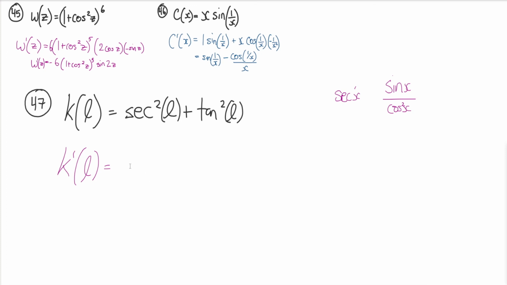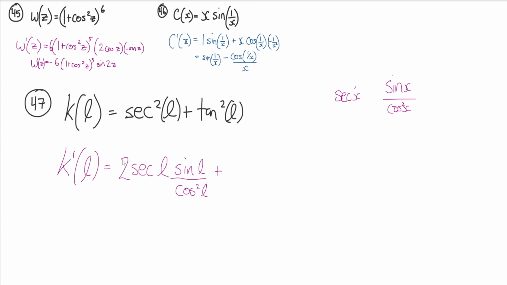Okay, so then let's do the outside first. And then the derivative of the inside is that, right? And so remember secant of L is 1 over cos, right? So that now can be turned into secant cubed of L, right? But let's not do that yet.